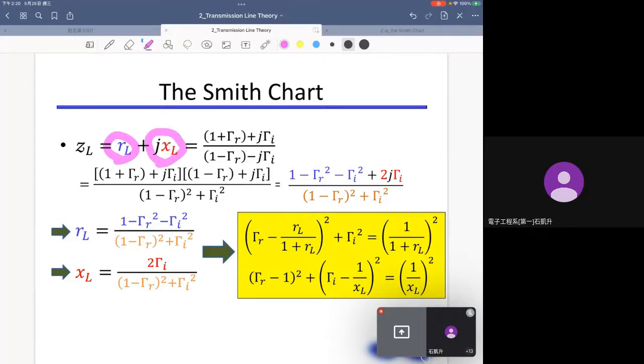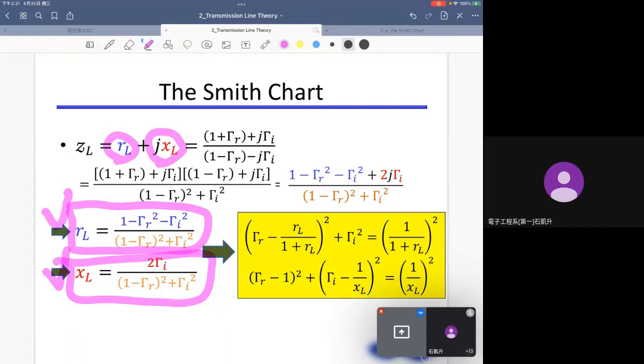You can finally obtain these two equations. For the blue one, it is the circle of the real normalized input impedance. And for the red one, it is the circle of the imaginary part of the normalized impedance. And these two equations can also transfer to two circle equations.